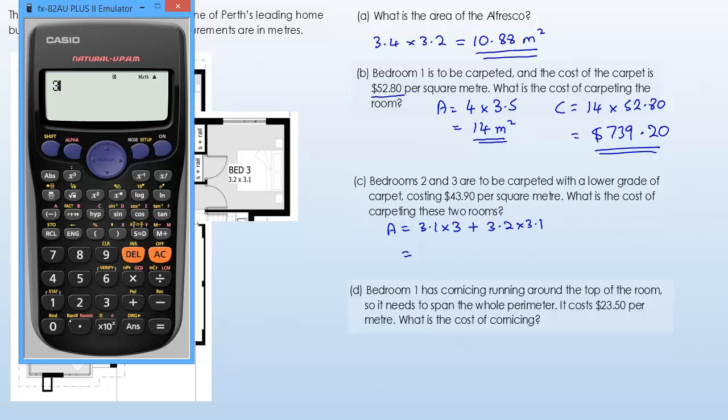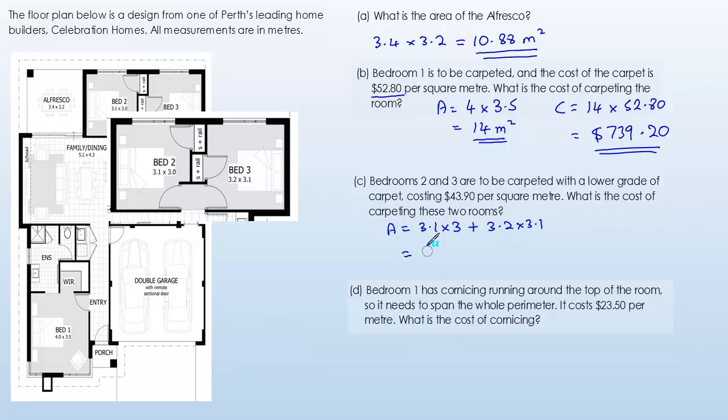So 3.1 times 3, add 3.2 times 3.1, giving us 19.22 square meters.